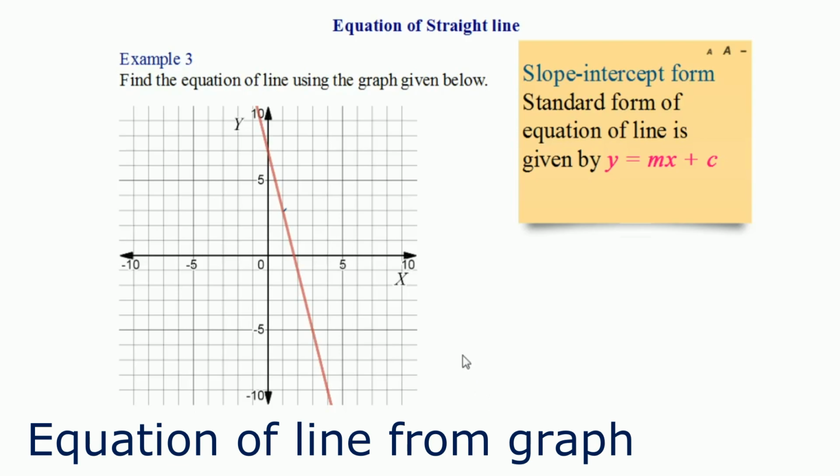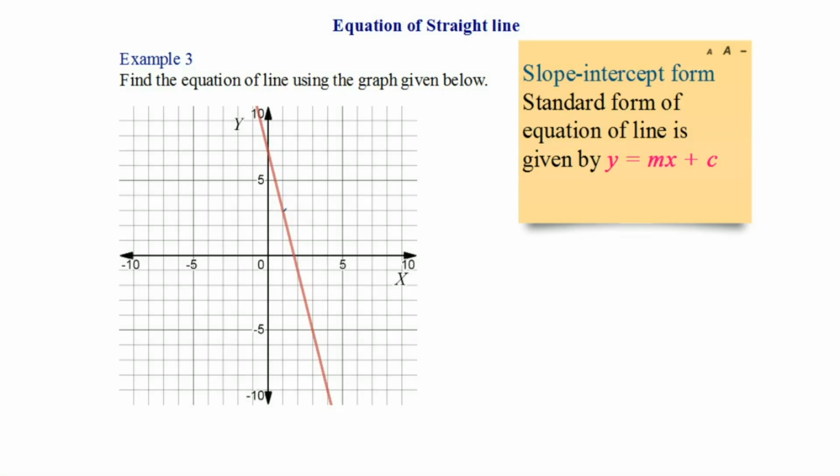Now, how to find the equation from the graph? First, we'll find 2 points that lie on this line. So as you can see, we can take this point which has coordinates (1, 3). And the second point can be this one, which is (0, 7). Now, since we have 2 points, we can make use of them to find the gradient.